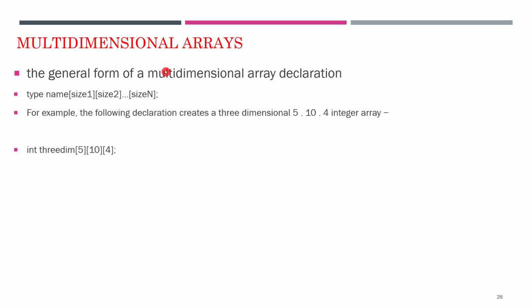If it is two-dimensional, two sizes; three-dimensional, three sizes, and so on. So if we have three-dimensional with 5, 10, and 4 elements, we can put integer as the data type, and a name for the three dimensions, with 5, 10, 4.